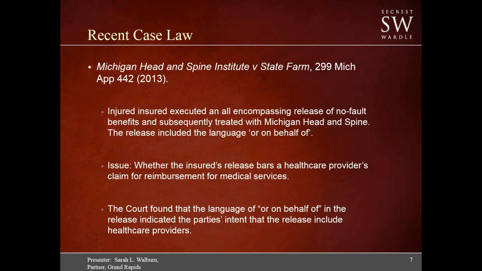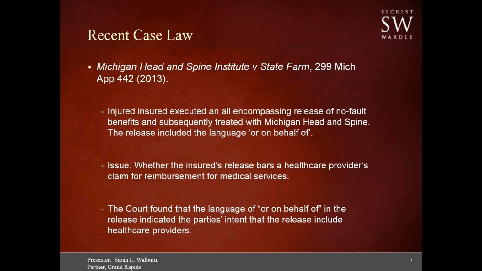Now this is the one that is super important to add some very specific language into your release so that you can bar any claims by a provider. Now in this case, the insured injured party executed an all-encompassing release of no-fault benefits.